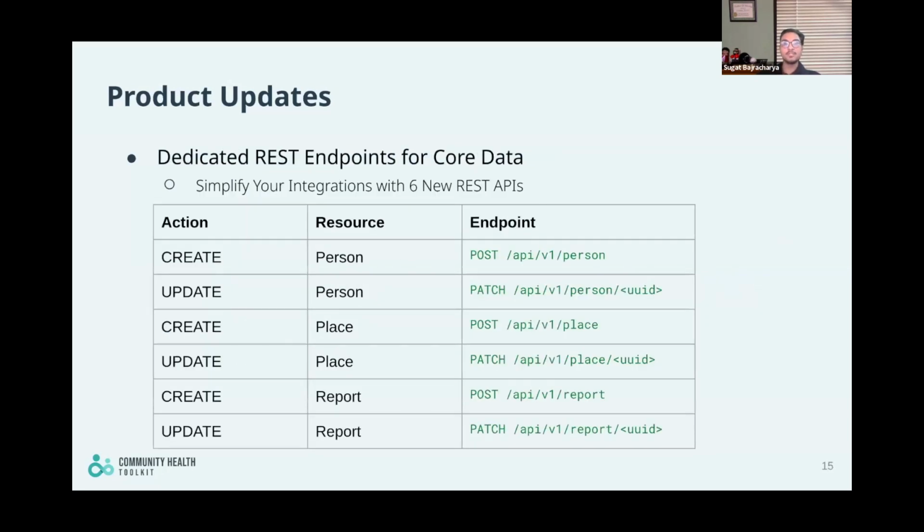Now, for the REST endpoints, we've created 6 new ones. All of them are create and update. For person, place, and reports, we were able to create version 1 REST APIs that can create and update, basically, not delete.